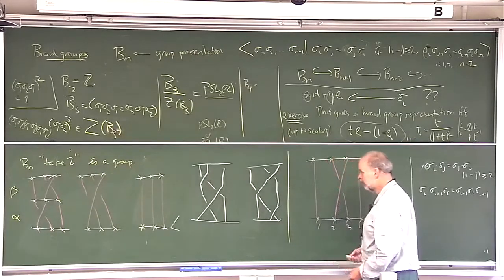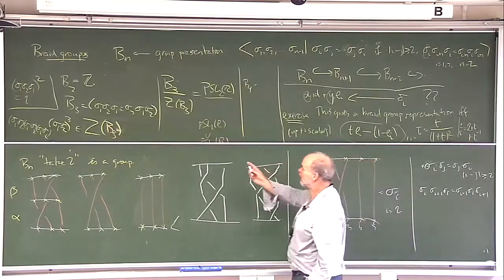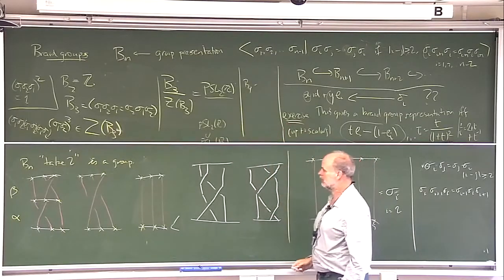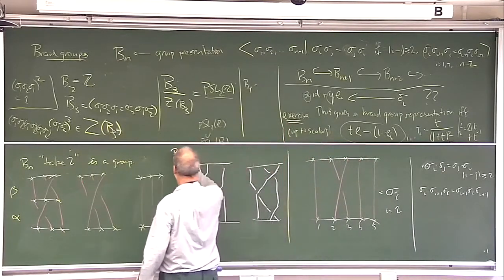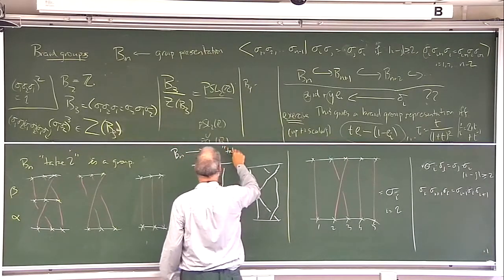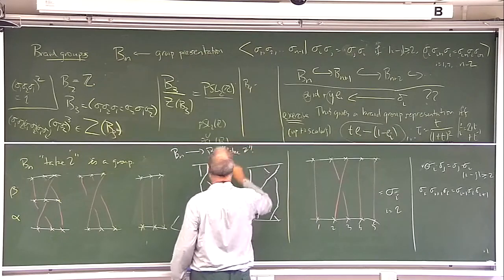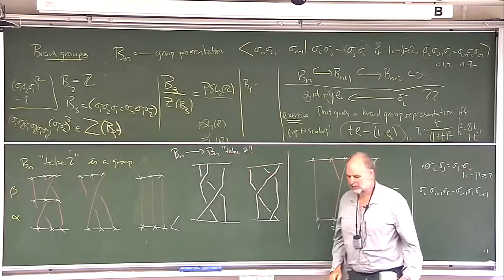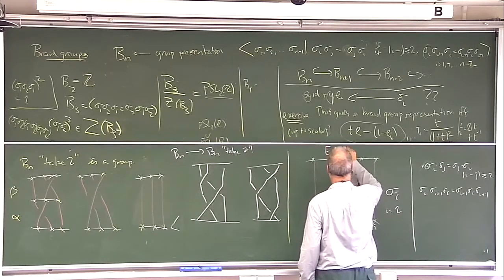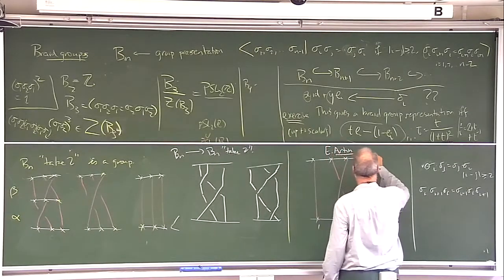All right, well that shows that there's a homomorphism. This is a universal group of these generators and relations. So we get a homomorphism from B_n take 2 to B_n. And the highly non-trivial result of Emil Artin shows that this is an isomorphism.